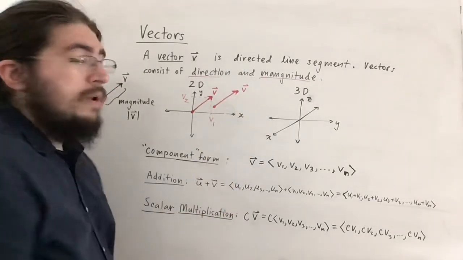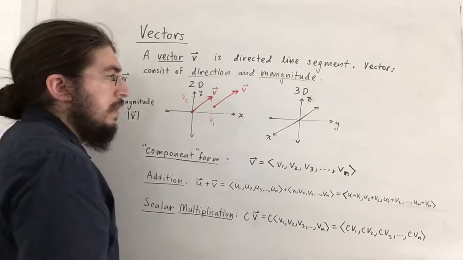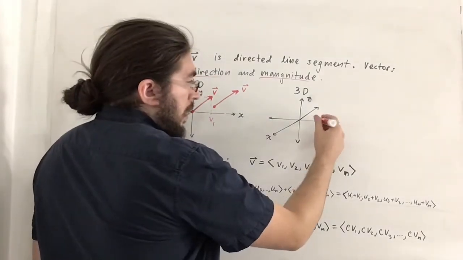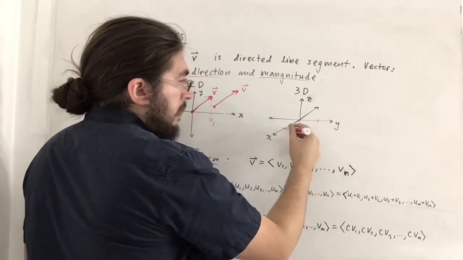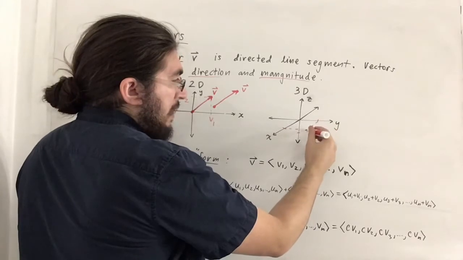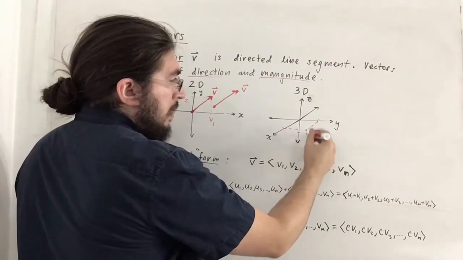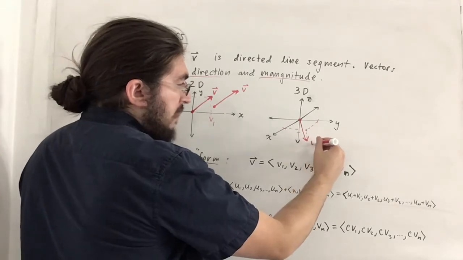Now, as far as three dimensions goes, it's the same exact idea. Now we just have one more dimension to play with, though. So imagine we're going, let's say, here, here, and down here. We project these in the xy plane first, and then down in the z direction. From the origin to this point in three dimensions, we have this vector v.